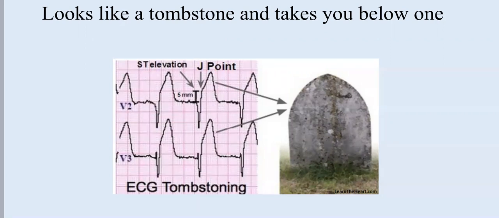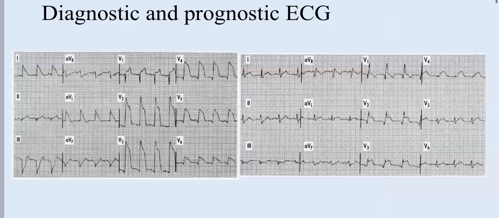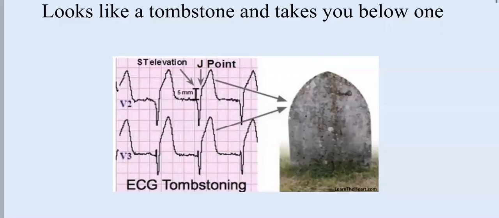So it's the degree of ST segment elevation and the extent of ST segment elevation which counts, okay? The more ST segment elevation in the ECG, the worse. The higher the ST segment elevation, the worse. Especially when it's tombstoning like this, it's the worst scenario, okay?